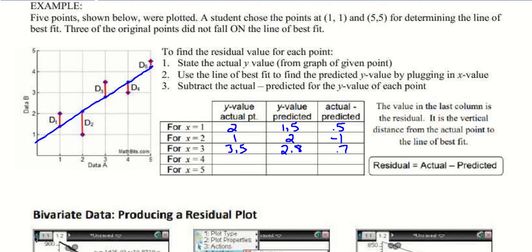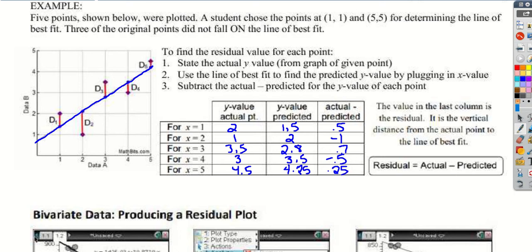If you want to say 0.75 here, we would say 0.75 there. For x equals 4, you can see the actual number is 3. The predicted value is 3.5, and so this is -0.5. And for 5, we see the actual one is 4.5. It looks like 4.25 for the line. And so this is a difference of 0.25 and positive.